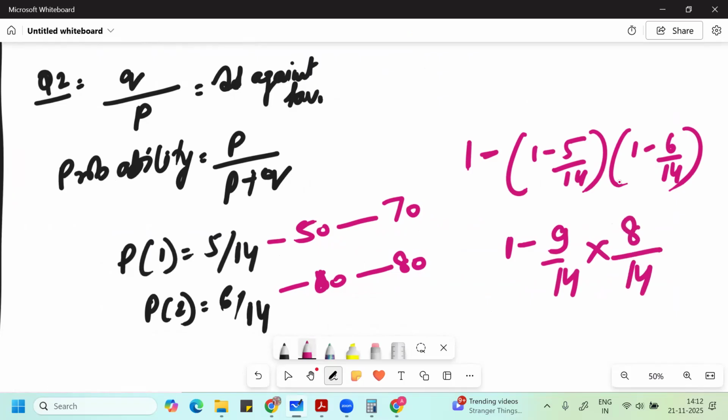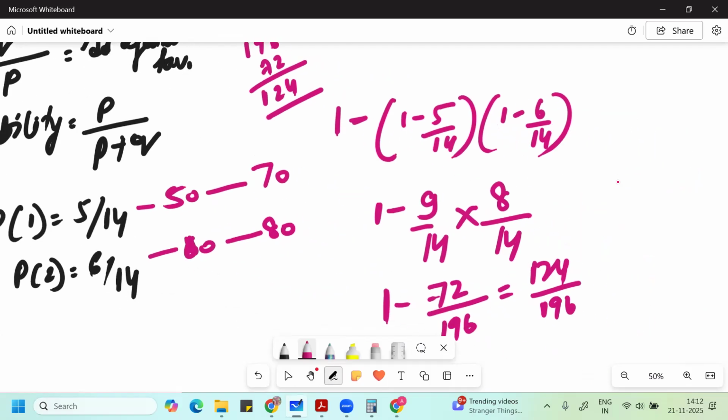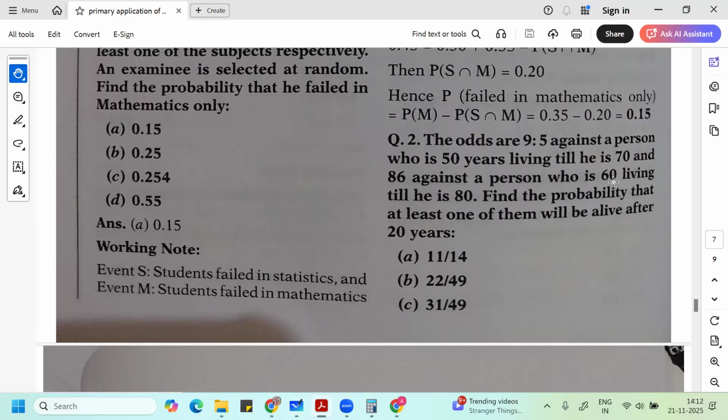So 1 minus 72 by 196. 196 minus 72 is 124, so 124 by 196. You can write this as 31 by 49. Option C.